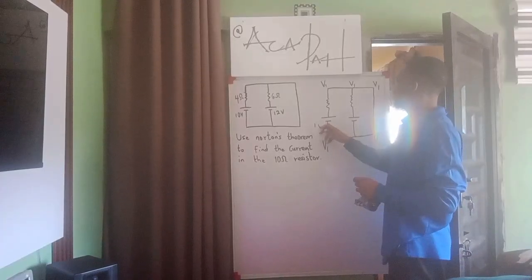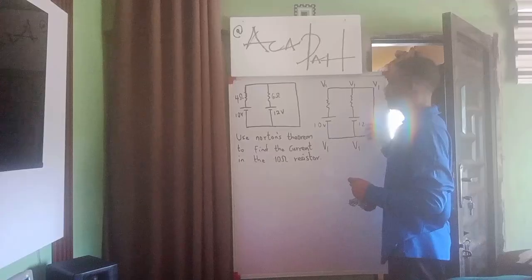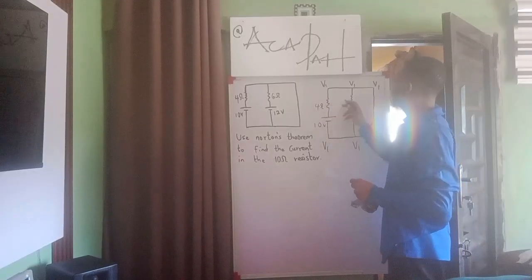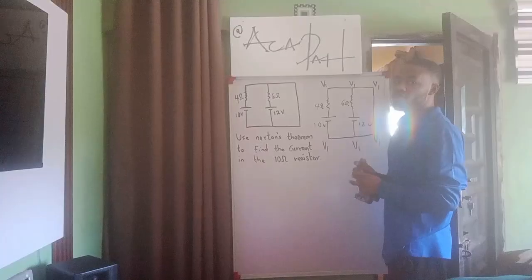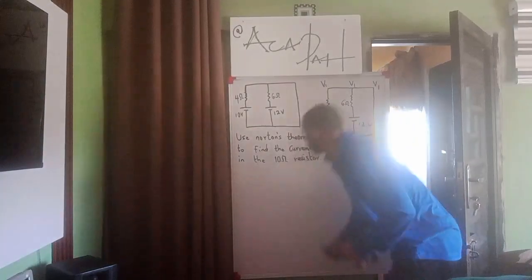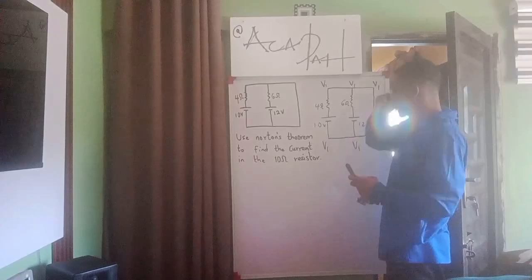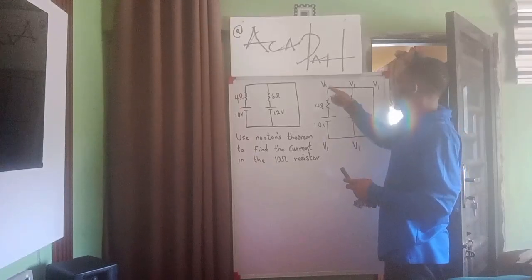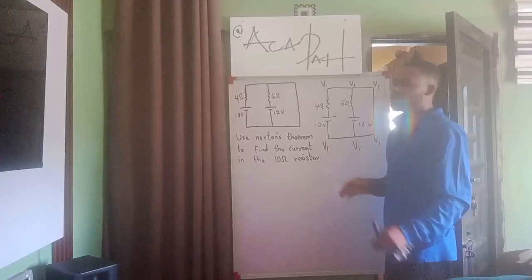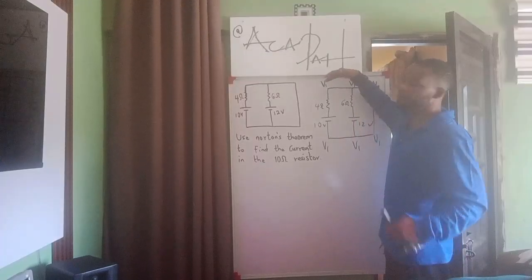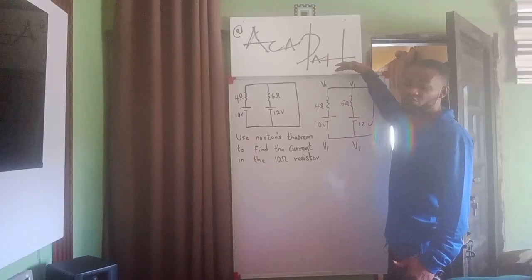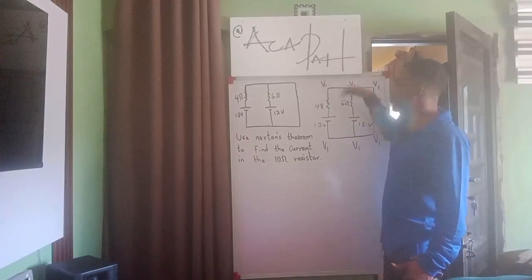So we have 10 volts here, we have 12 volts on this end, and this is the 4 ohm resistor, and this is the 6 ohm resistor. If you know that, it simply means that if I look at this critically, you see that V1 to V1 is the same, and we have this rule in nodal analysis that current flows from higher potential, that is higher voltage, to lower voltage.